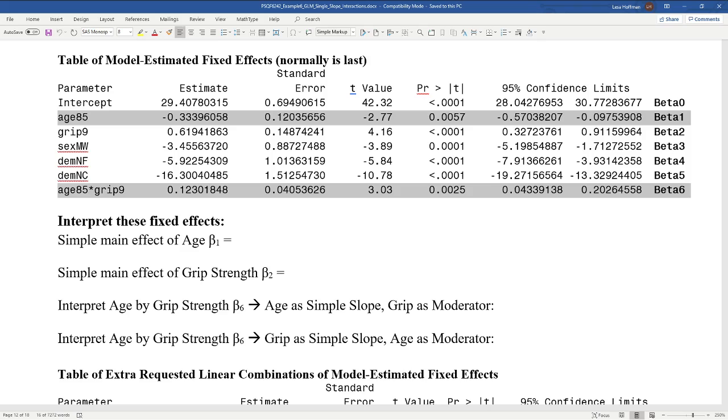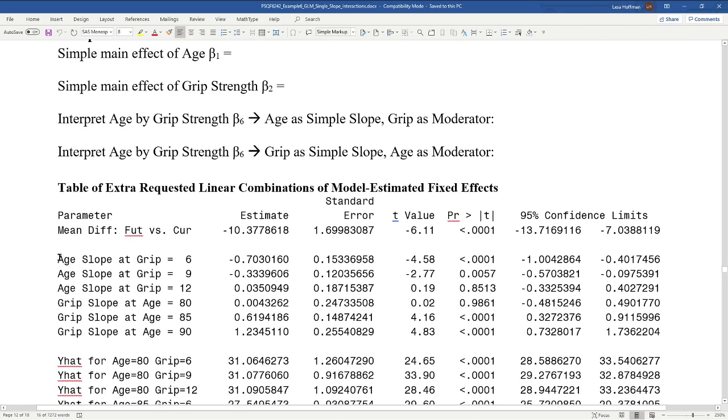So if we put that into more common language, we would say that the negative effect of age is weaker in persons who are stronger. More specifically, the slope of minus 0.33 becomes less negative by 0.12 per pound. And so the simple slopes can help us conceptualize what that would look like for prototypical values of grip strength.